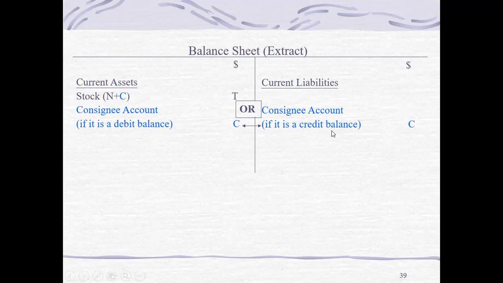And then a credit side would be possible as well if, for example, the consignor received excess remittance, so that will become a liability on the part of the consignor.